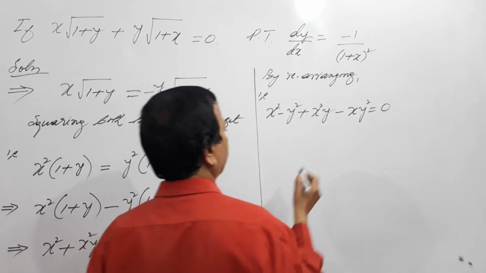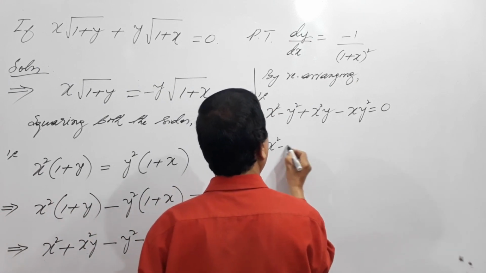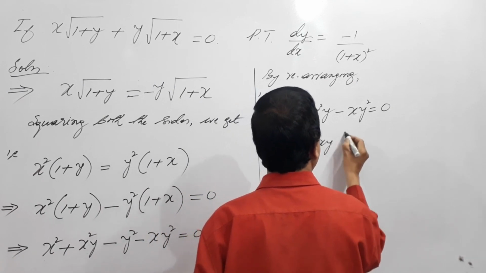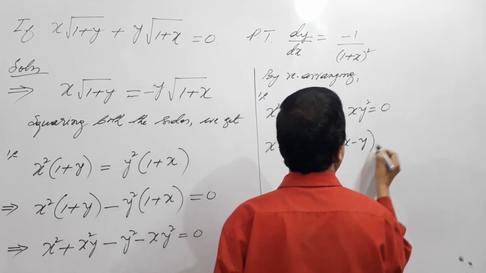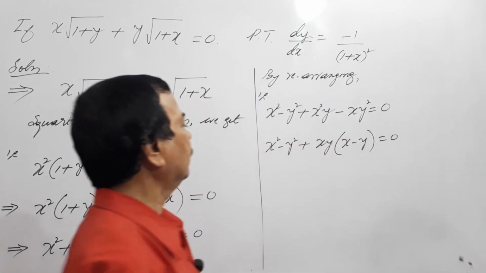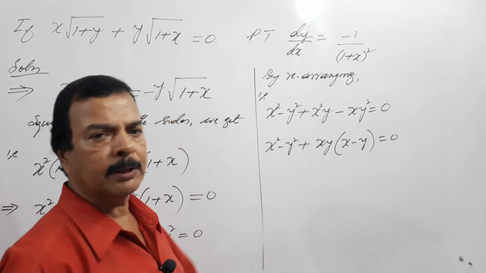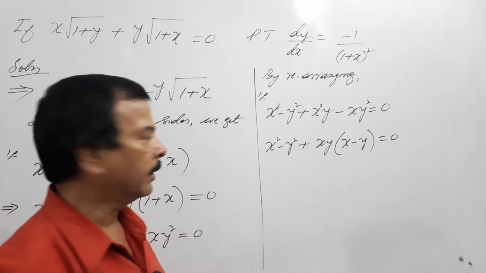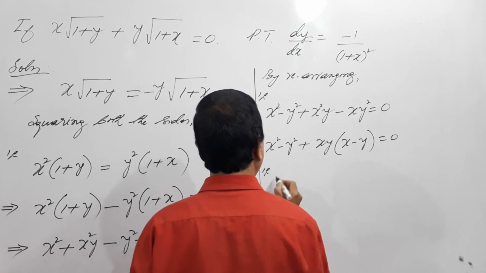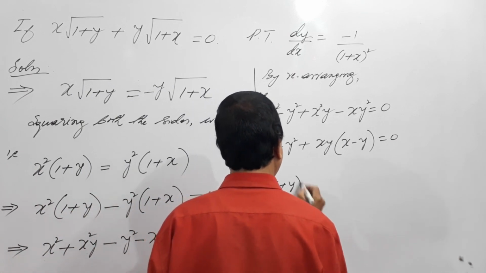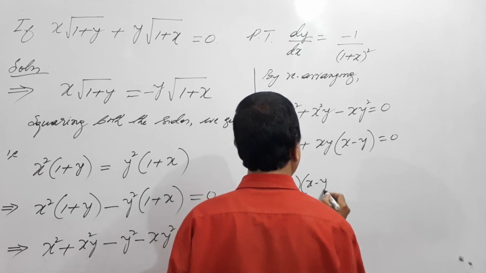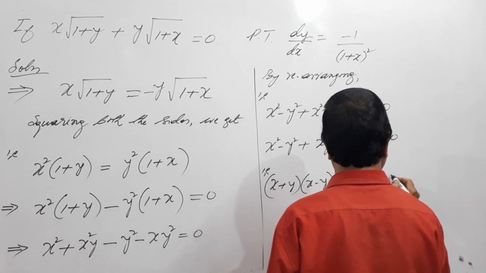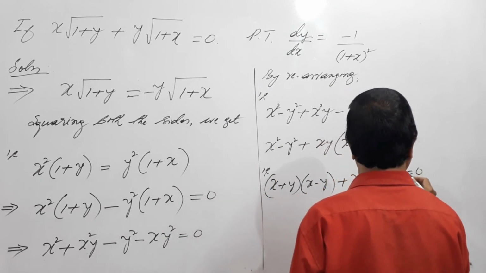So I take one step here, I solve this. This is x square minus y square plus I take xy common, this becomes x minus y equals to 0. But what is x square minus y square? A square minus b square is a plus b into a minus b. So this becomes x plus y into x minus y plus xy into x minus y equals to 0.